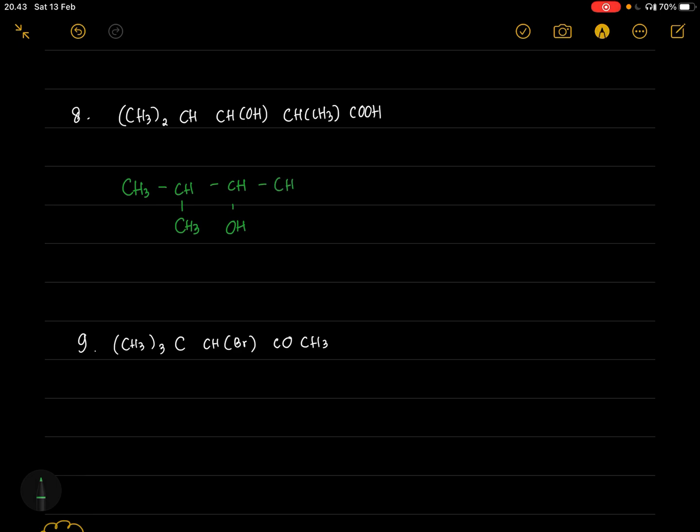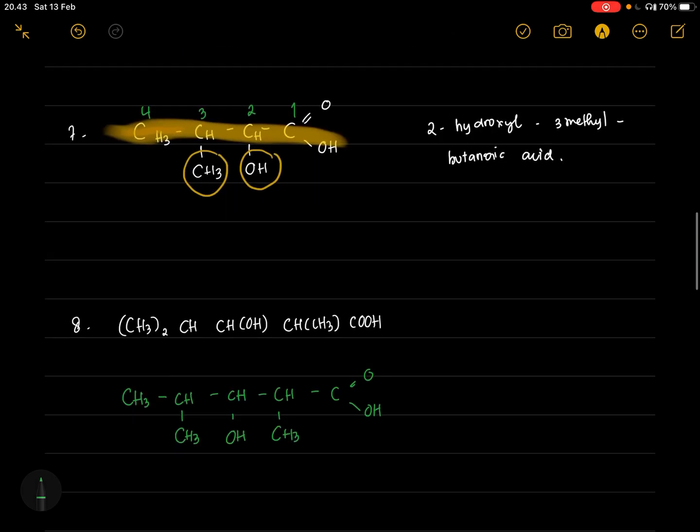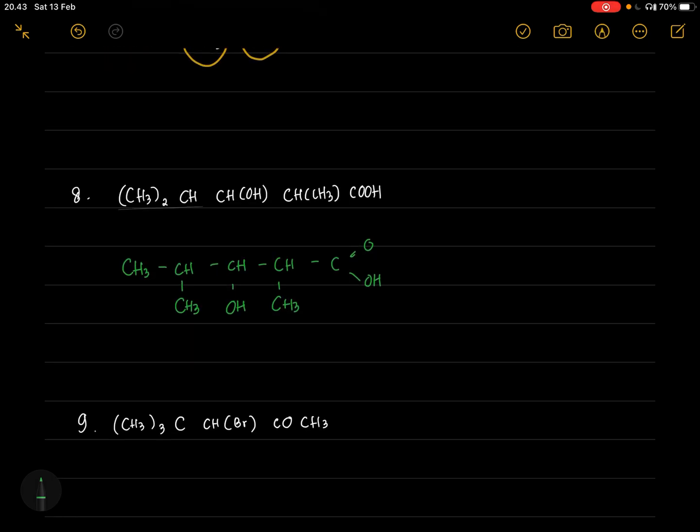Then CH and then CH3 and then COOH. So here, two CH3 are attached to the same C, followed by the CH dash OH, and then CH, also branched with another CH3, and then COOH.